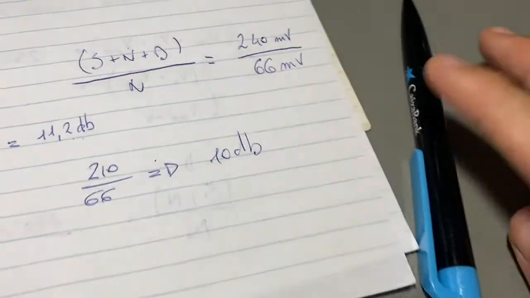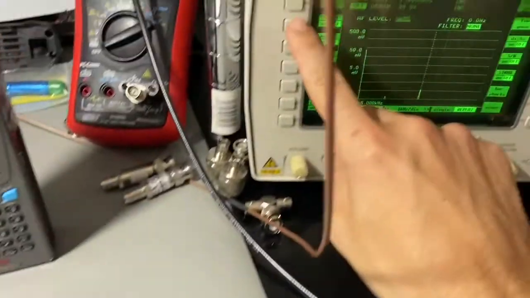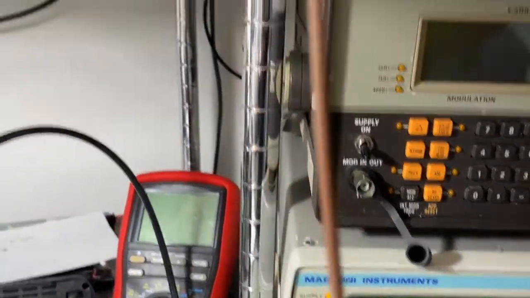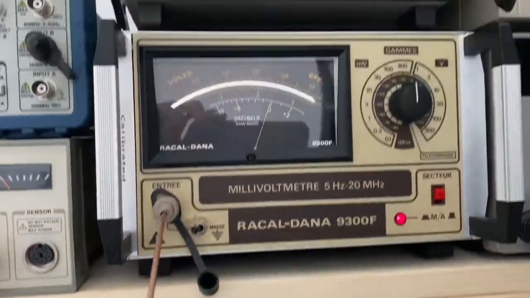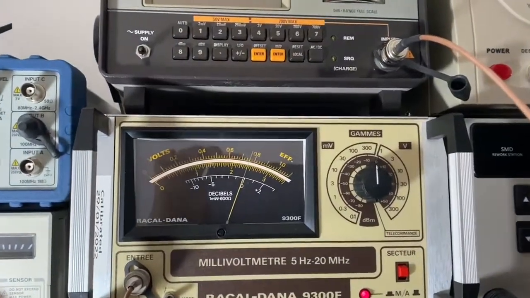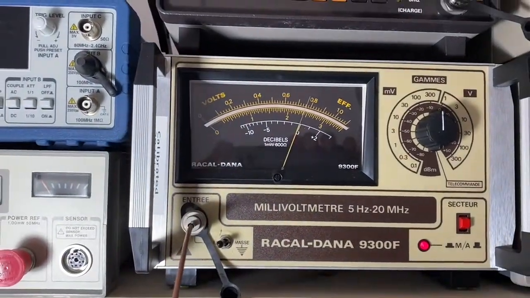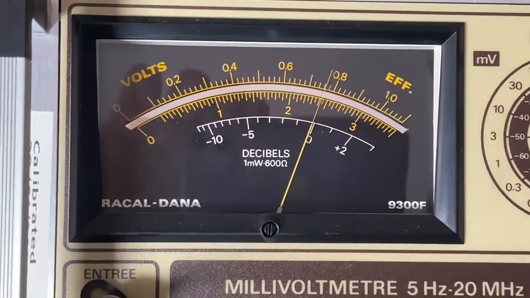Okay, so let's do it. Let's switch the modulation on, and let's go to the millivolt scale again. Let's go for 210. So I will lower the level.